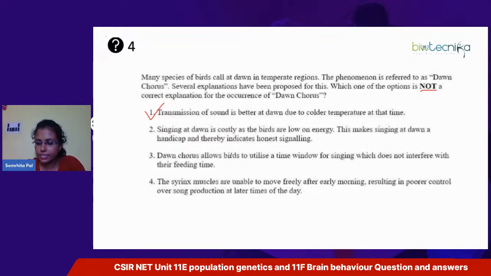See, actually, this is something connected to advertising fitness. There are fitness measures for natural selection to select a particular behavior. Okay, how fit it is. A particular behavior, if it is fit for that species, then this behavior will be selected by natural selection. So basically, it takes great energy to sing so loudly and powerfully, to show off your vocal power in the early morning.